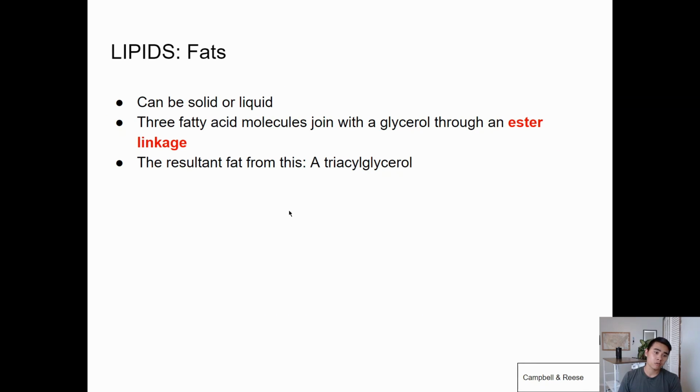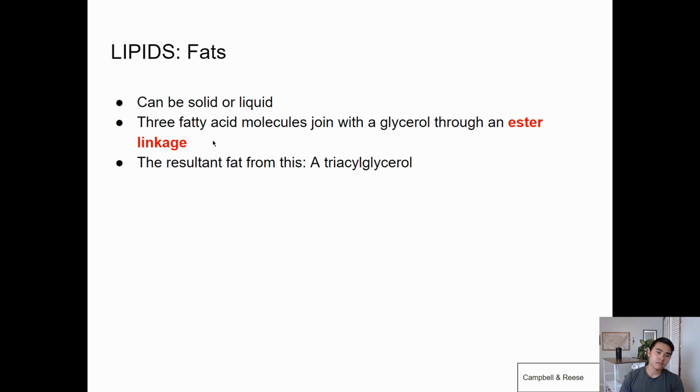Fats can be liquid or solid, and the type of linkage is an ester linkage. So that's the name of it. An ester linkage is the name of the covalent bonds. Just like how carbohydrates had a specific name for the bond, lipids' specific name for the bond is ester linkage.